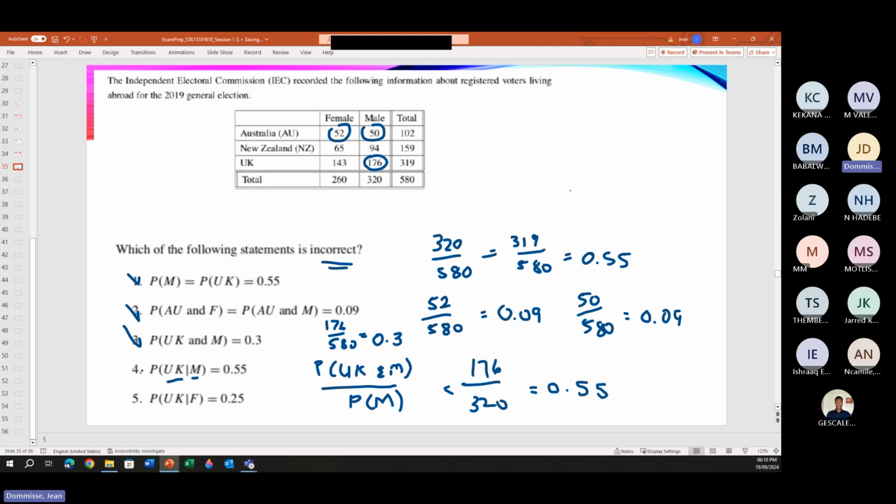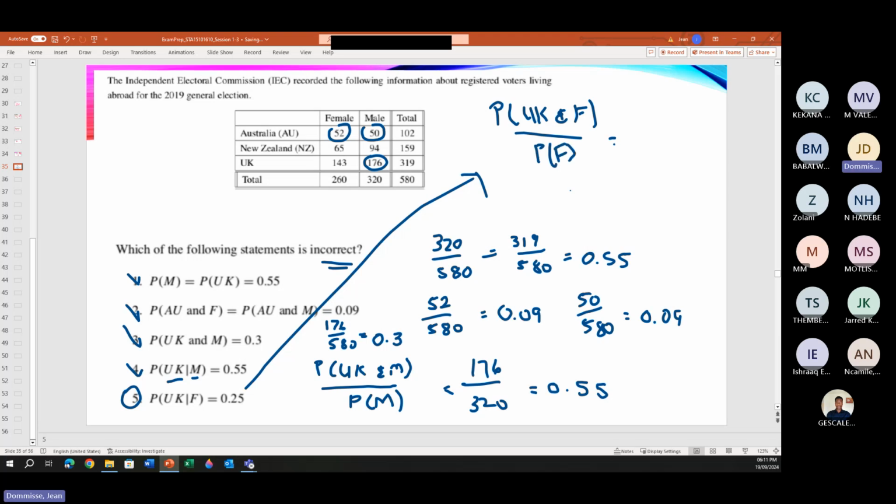Okay, so we basically had to work out everything to get to the last one. So let's just do that here. Probability of UK given female, so UK and female divided by probability of female.